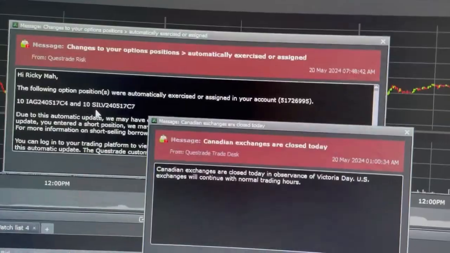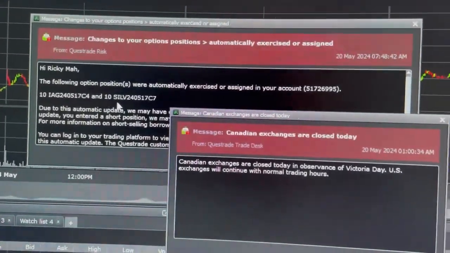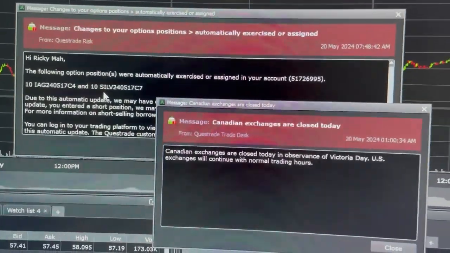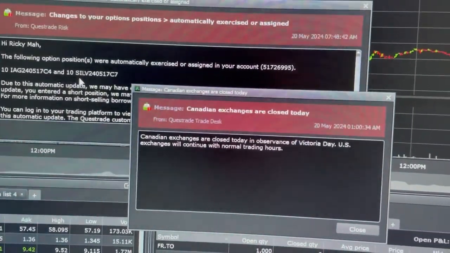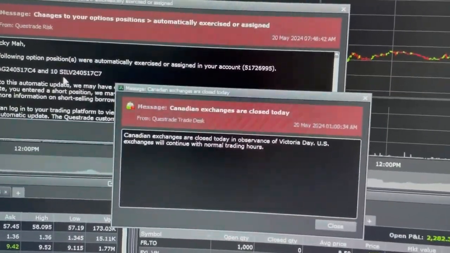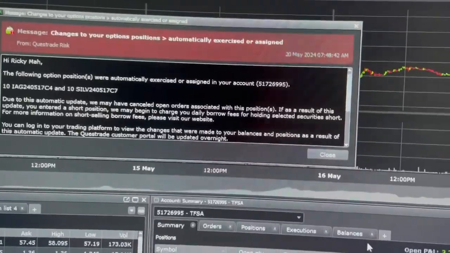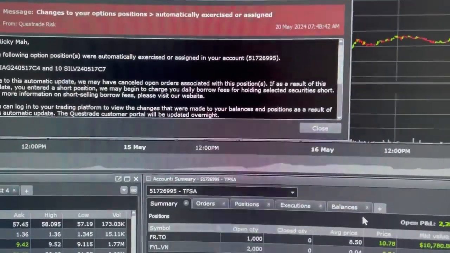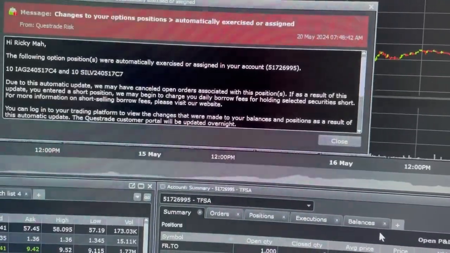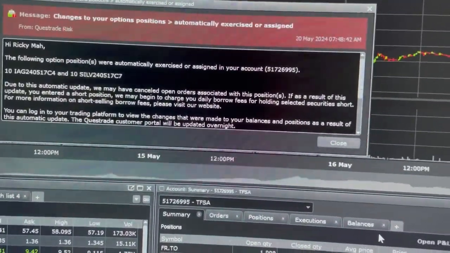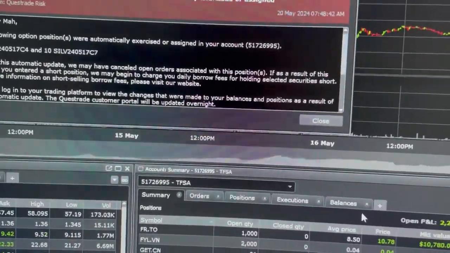What that means is that I had to either sell it before 2 p.m. Eastern time, or the option would get exercised, and I would have to have the money in my account to cover. So I double checked my account, and I made sure that I had the money in my account to exercise those two options.